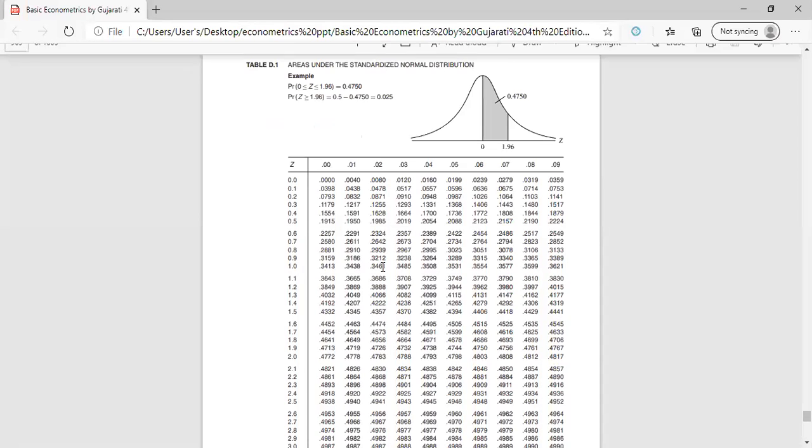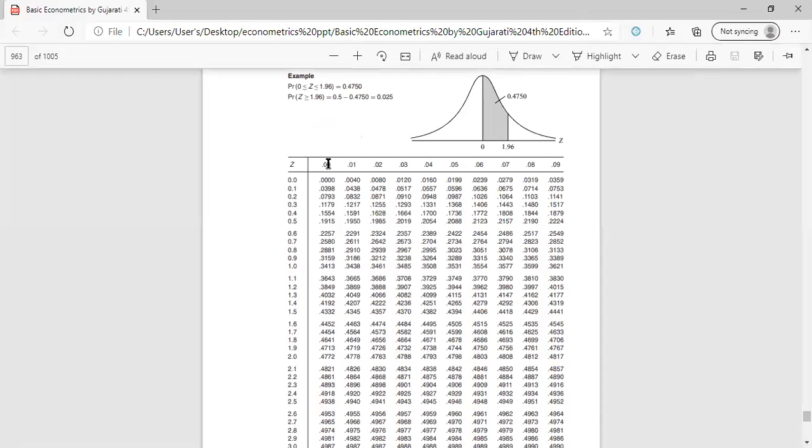Okay, so what is this? 0 to 1.33. Okay. Can you see the table now? Yes, Professor. So 1.33. What is this? 0.408.